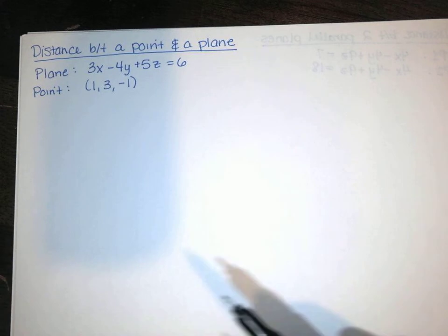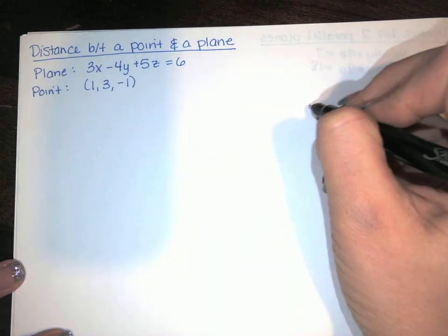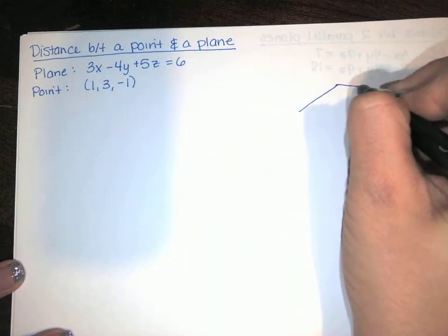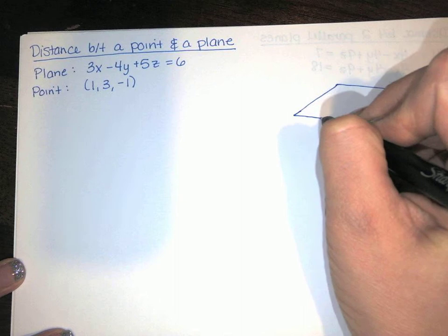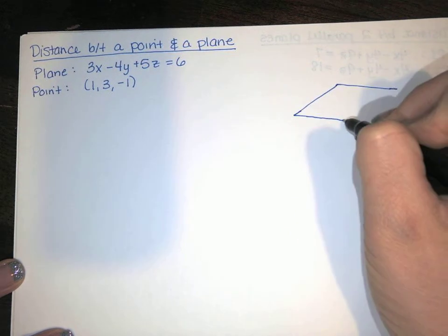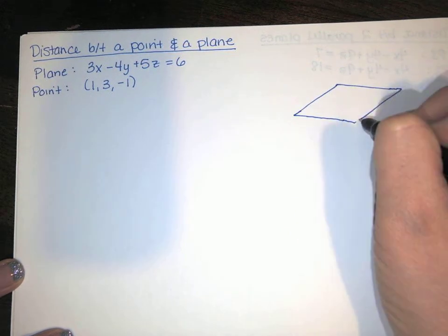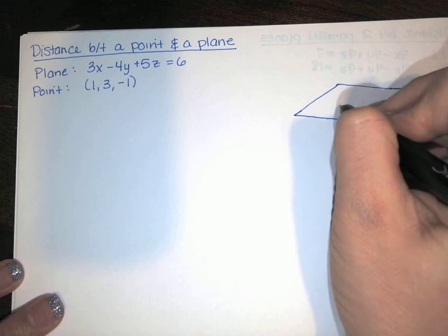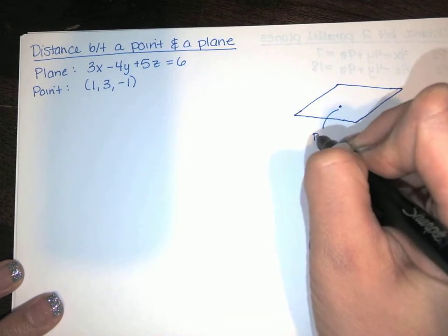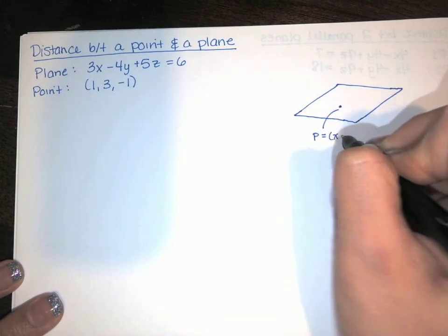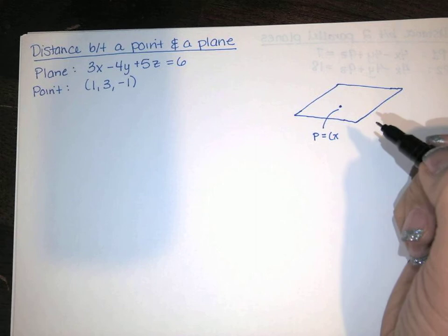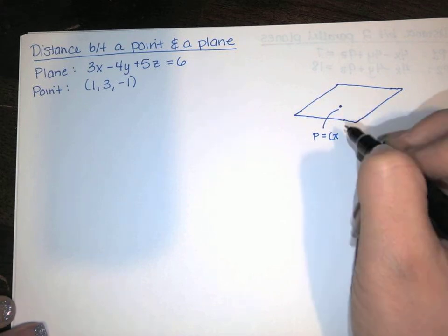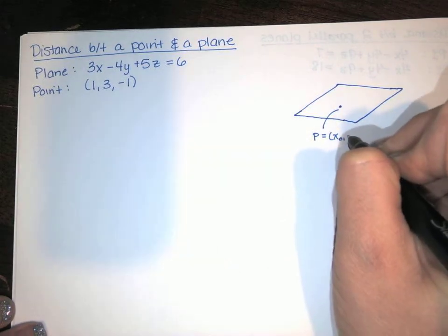But before we do that, let's imagine we've got a plane. It's got lots of points in it. I'm going to call one of those points P. It has coordinates, let's say x naught, y naught, z naught.